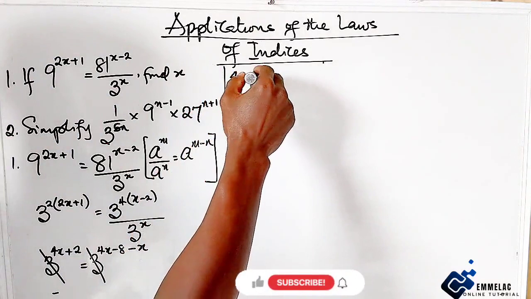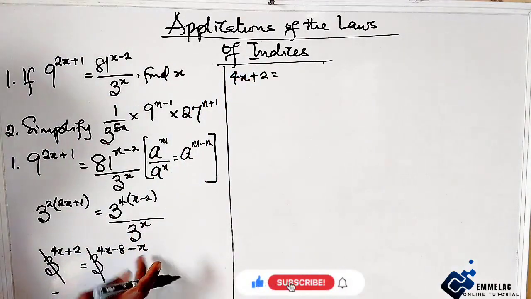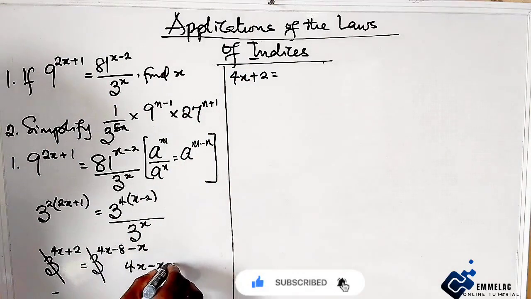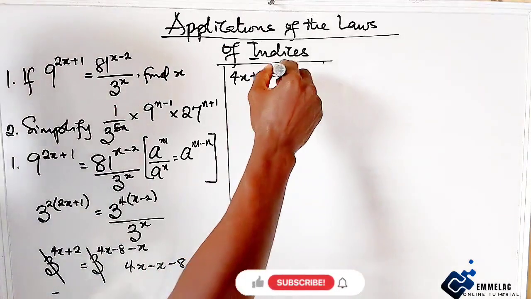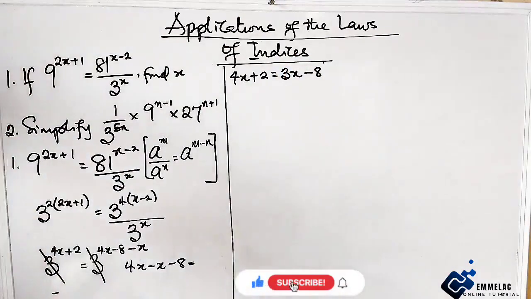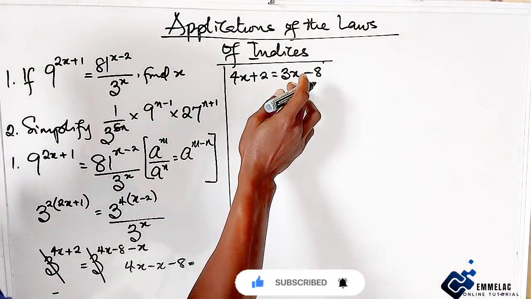4x plus 2 equals 4x minus x minus 8, which gives us 3x minus 8. Let us collect like terms.